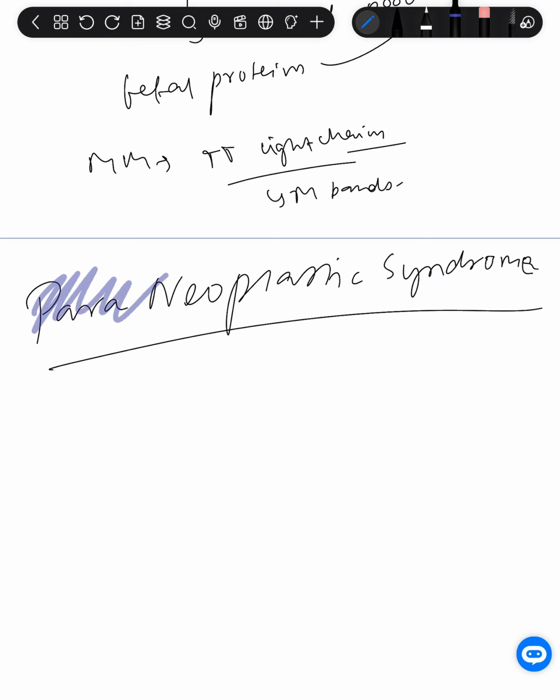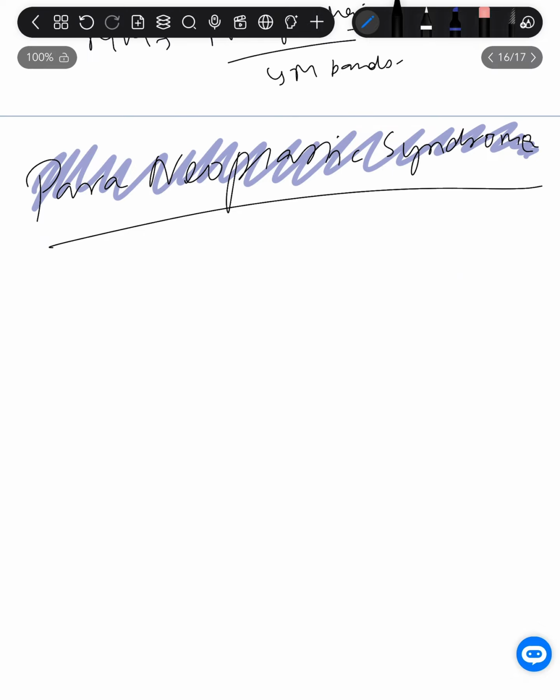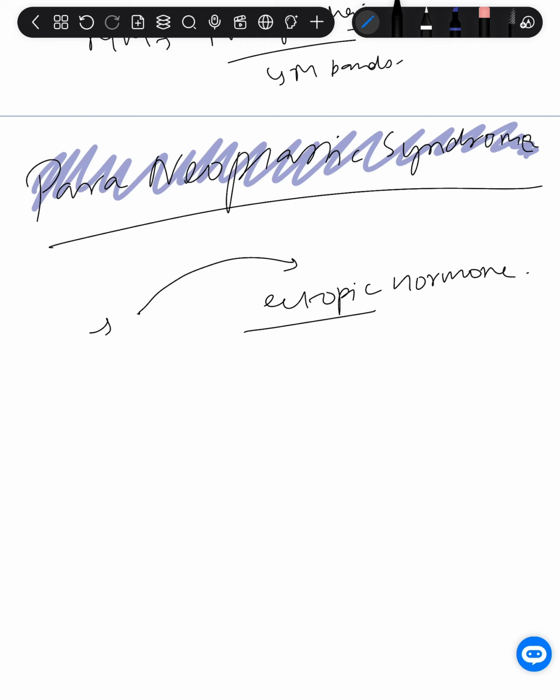What happens in paraneoplastic syndrome is there's such a great anaplasia that one adult cell type has changed into something other, and that something other is doing hormone production. Out of nowhere it came, right? So this is ectopic hormone production.